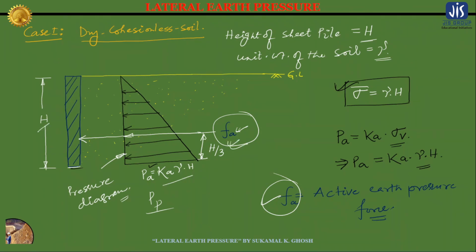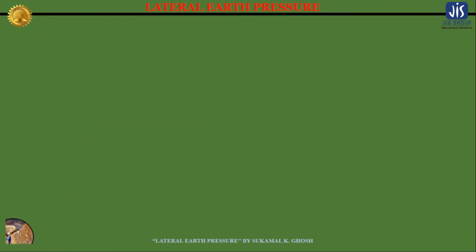So how can we calculate this active earth pressure force? See, this active earth pressure force Fa is nothing but the area of the pressure diagram. Okay, now what will be the area of this pressure diagram?